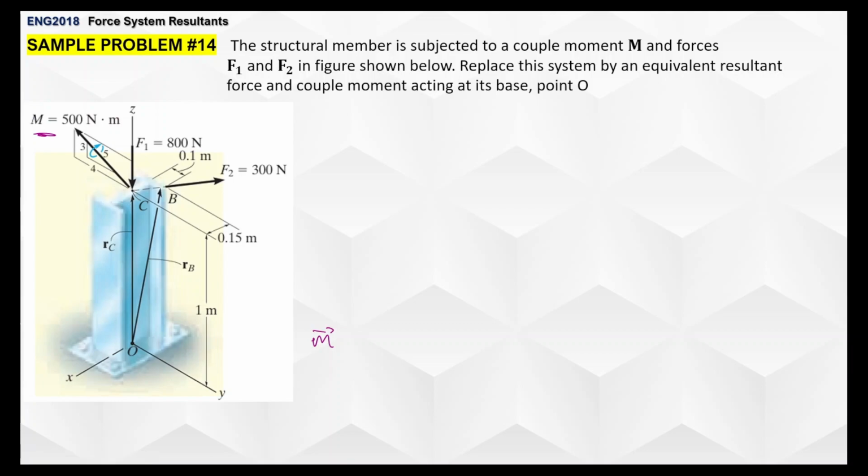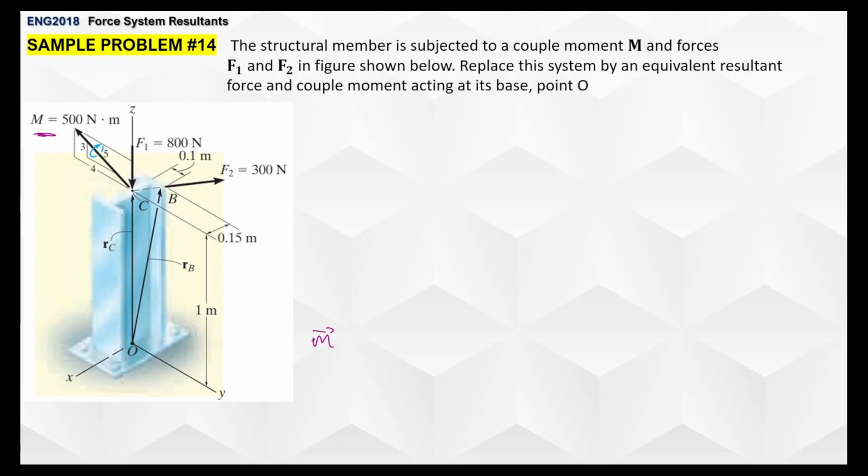Since this is in 3D and there's a lot of forces going on here, remember, if there's a lot of forces going on, it's best to express everything in Cartesian vector notation. And of course, the rules when it comes to replacing a system with an equivalent resultant force and a couple moment in 3D, you have to express the answer in Cartesian vector notation. Always, at least for simplification of force and couple systems.